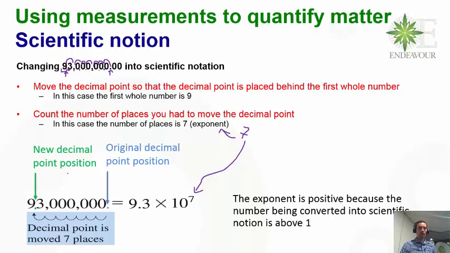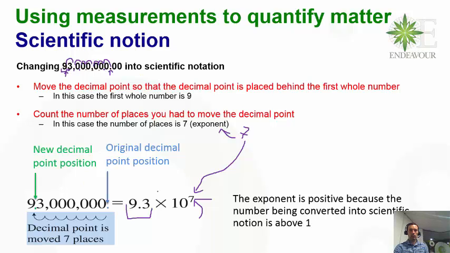So instead of writing it as 93 million, we can now write it as the first two numbers that aren't zeros, 9.3, and then we times 10, and because we had to move the decimal point 7 places, it's now to the power of 7. So if you type that into your calculator, you would actually get 93 million. Okay, so it's just a different way of representing it.